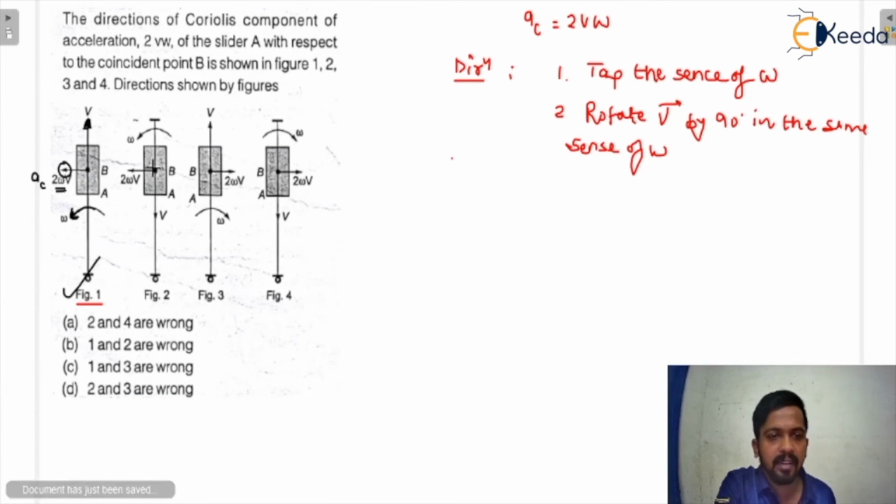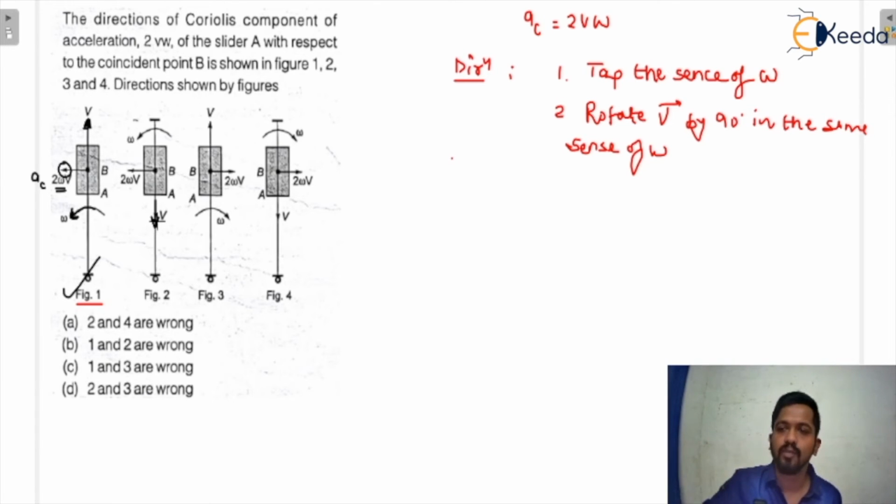In the second figure, the linear velocity of the slider is in the downward direction. First we check the sense of angular velocity. Angular velocity is in the anti-clockwise direction. You write here anti-clockwise. Now what is the second procedure?